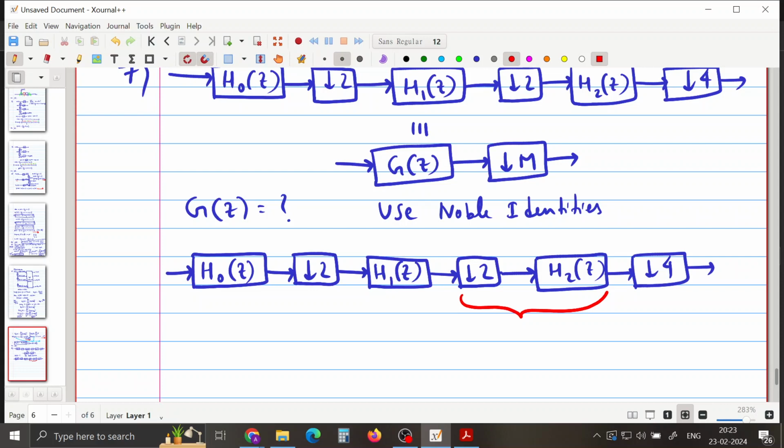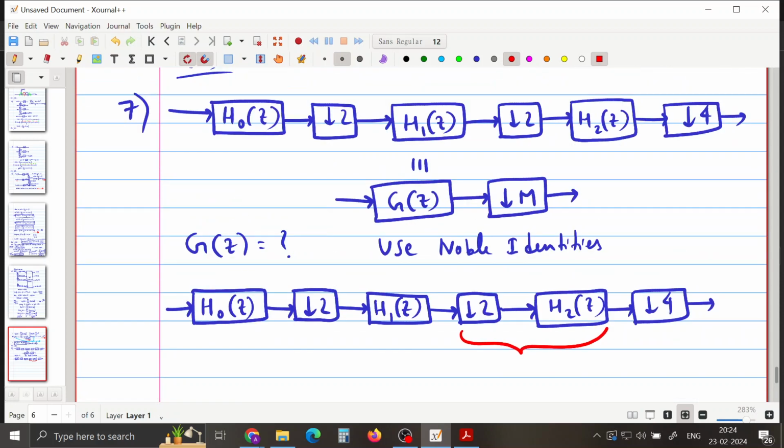Their places will be swapped and just the filter will be modified, right? But that one is not the efficient representation. In our case, we are making use of the noble identities in order to arrive at a compact form, which is the simplified form. We are basically pushing our filters or transfer functions to the left side, and grouping the downsamplers to the right side. Okay.